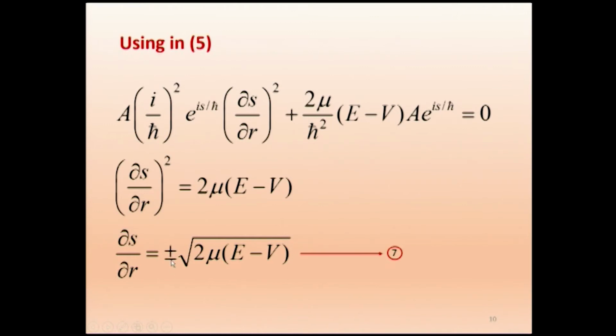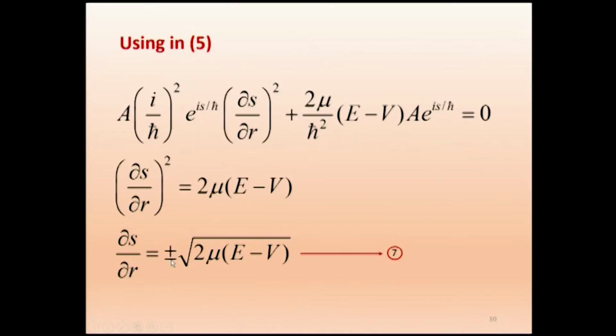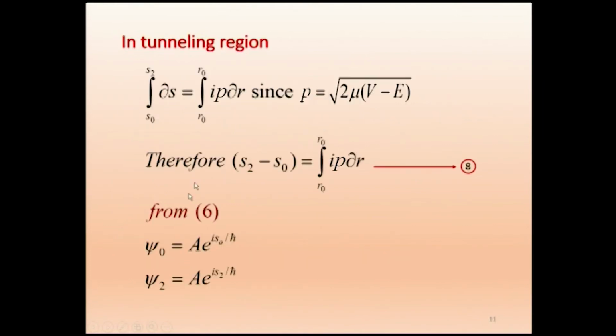Now the aim is to find out the probability. For that I need psi 2 squared and psi 0 squared. So we are moving towards that. In the tunneling region, if you go back to the diagram, you will find that it is R0 to R2.